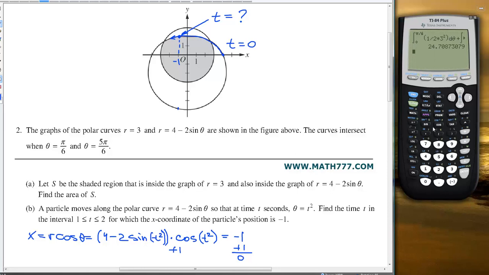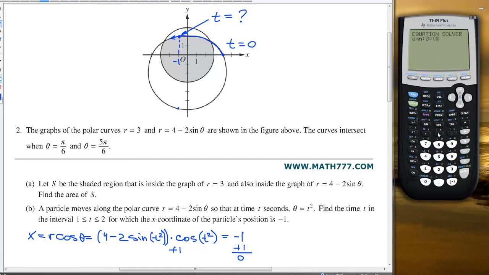So let's solve for t. Let's go to our calculator, mathematics, solver, equation. Before we go there, let's change theta to t. So let's go to mode, parameters, enter, second quit, mathematics, solver.